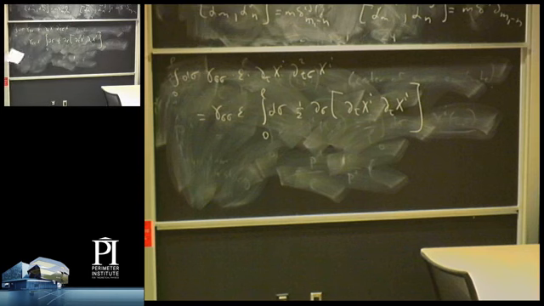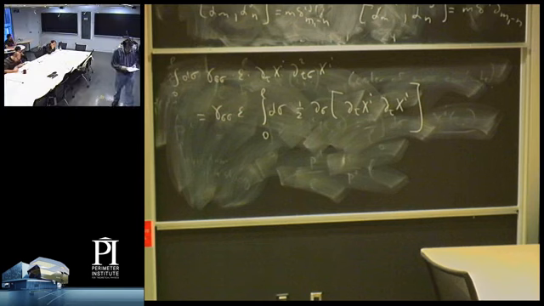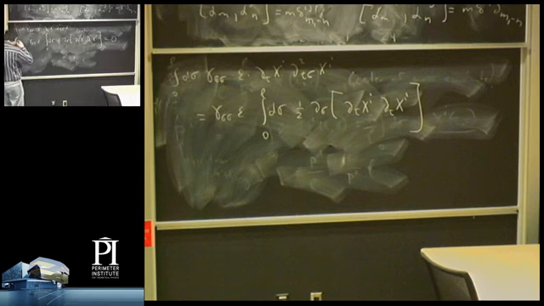But now what you see is that what I have here is a total derivative, and because of the periodic boundary condition, it vanishes. Okay? So this is a total derivative, and with periodic boundary condition, it vanishes. Actually, exactly the same argument goes for the second term.